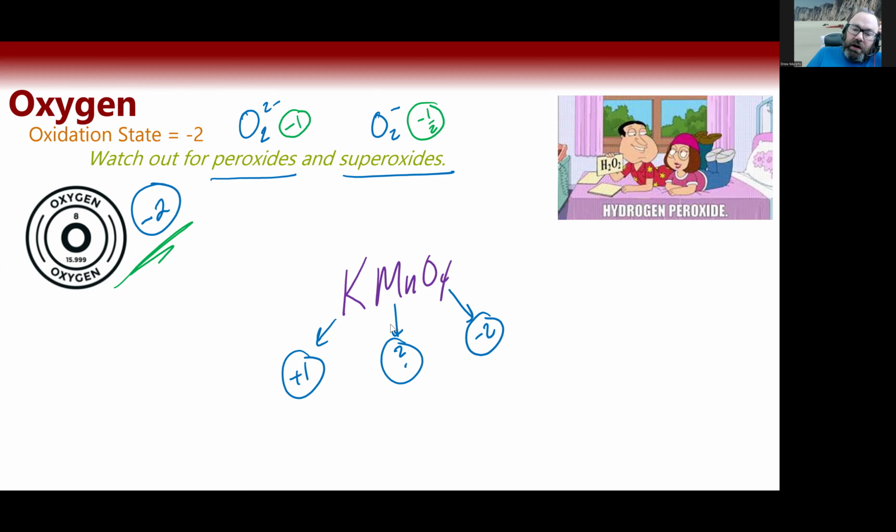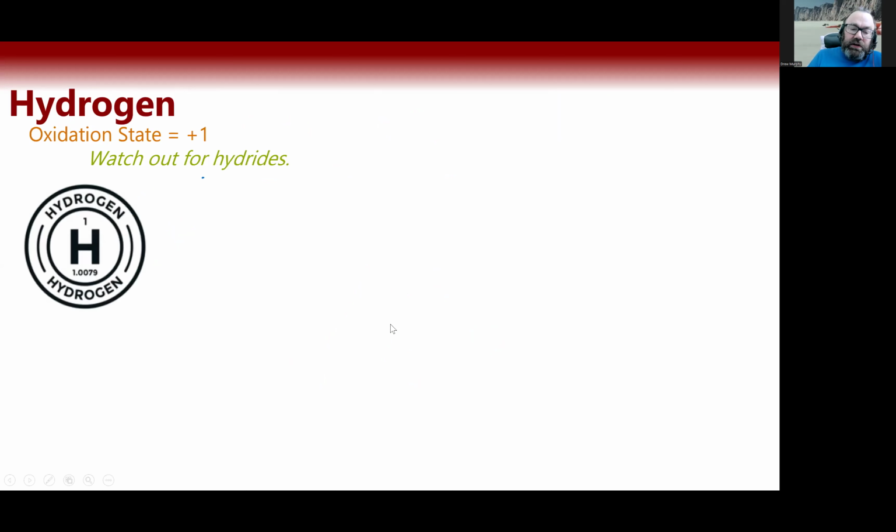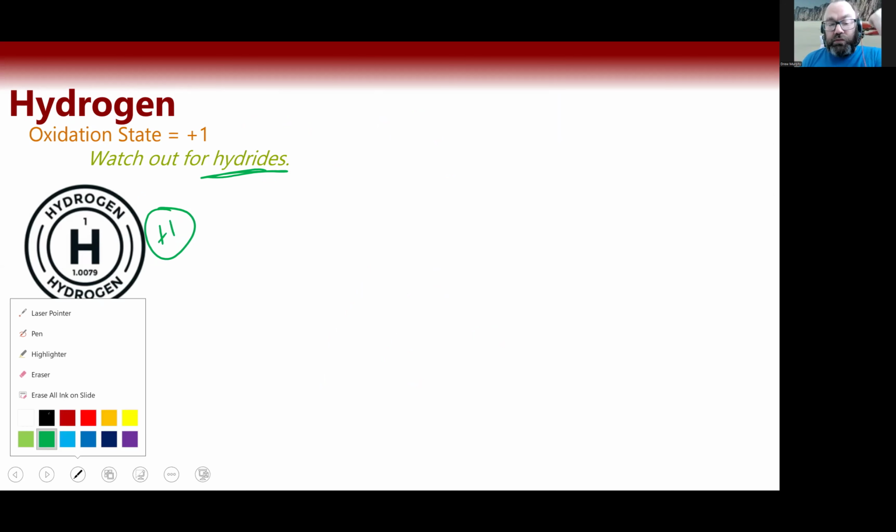Okay. Hydrogen is always going to be +1. And I'm going to say here, watch out for hydrides. We're probably not going to see it, but I want to throw it at you just so you know. You can point out a hydride based on how the formula is written.